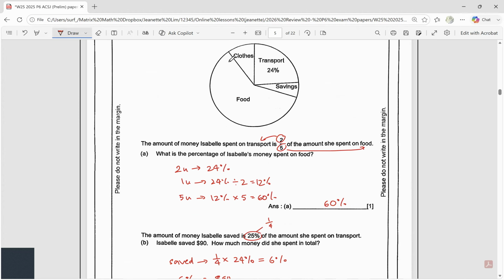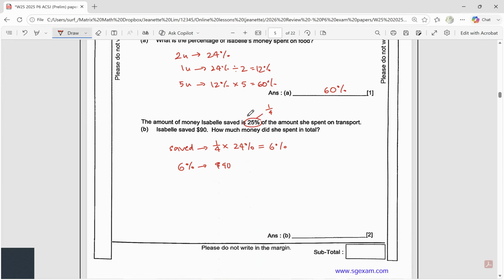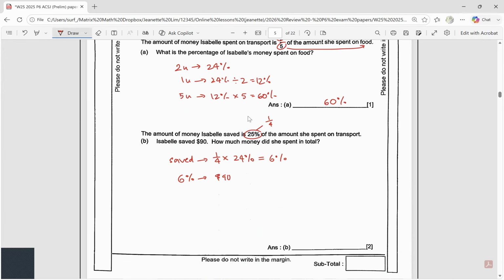Take note, the amount spent is not 100%, but you have to take away the savings. Okay, she spent on transport, clothes, and food. So you can find 100% first. So 1%, then 100%, then we minus the savings. So 90 divided by 6, $15.